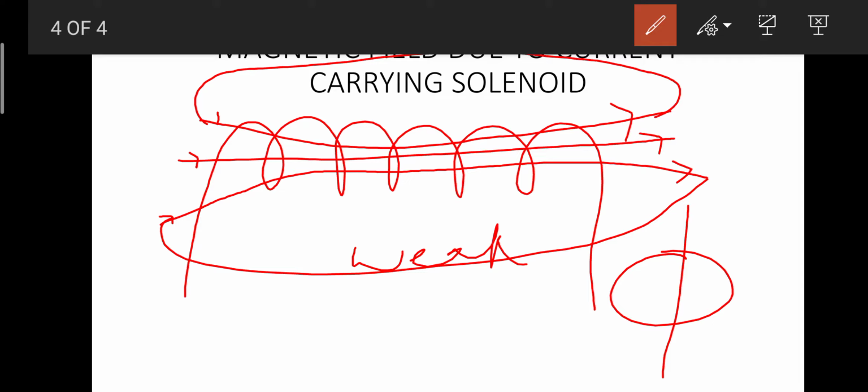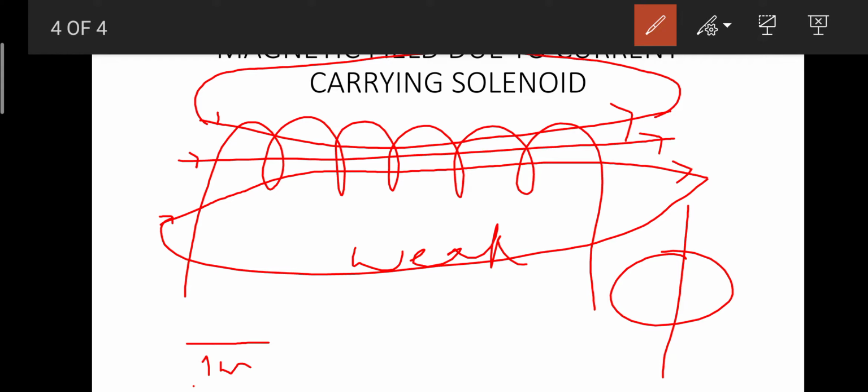To understand that phenomenon we need to know certain factors. Number one, what is basically the number of turns? To know that factor, consider a length element which is equal to, suppose, 1 meter.